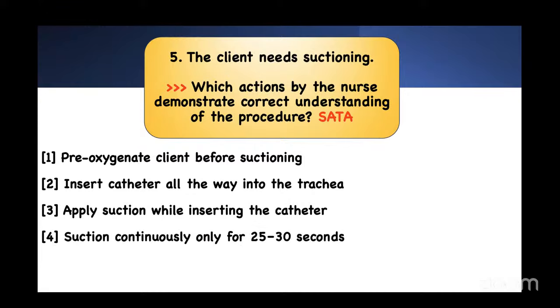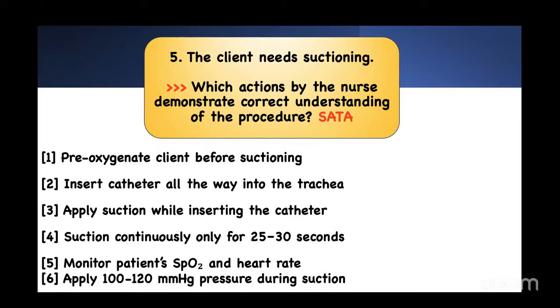Do you suction them continuously for 25 to 30 seconds? Do you monitor the saturation and the heart rate? Or do you apply a pressure of 100 to 120 during suctioning? What do you think? This is something that you may see and you have to know.